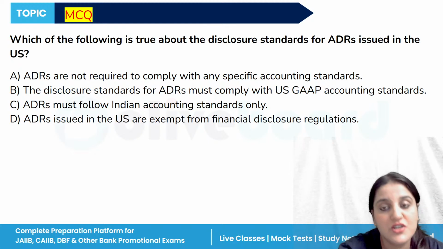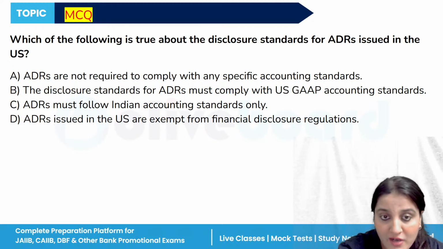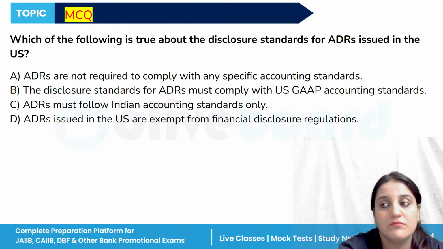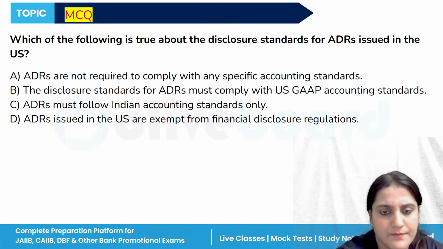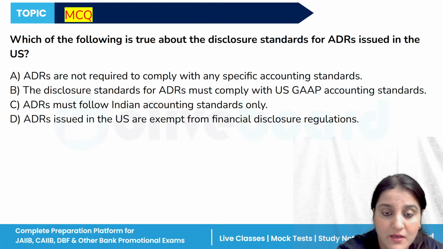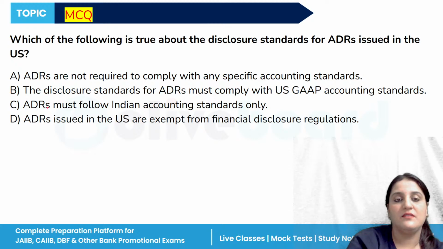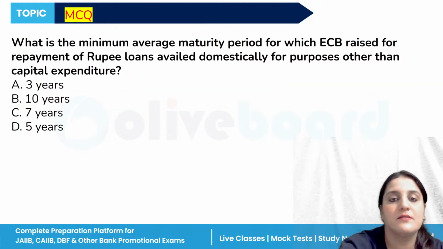The disclosure standards for ADRs must comply with US GAAP accounting standards. The depository is entitled to voting rights as it holds the equity shares on behalf of the holders. So option B is correct.